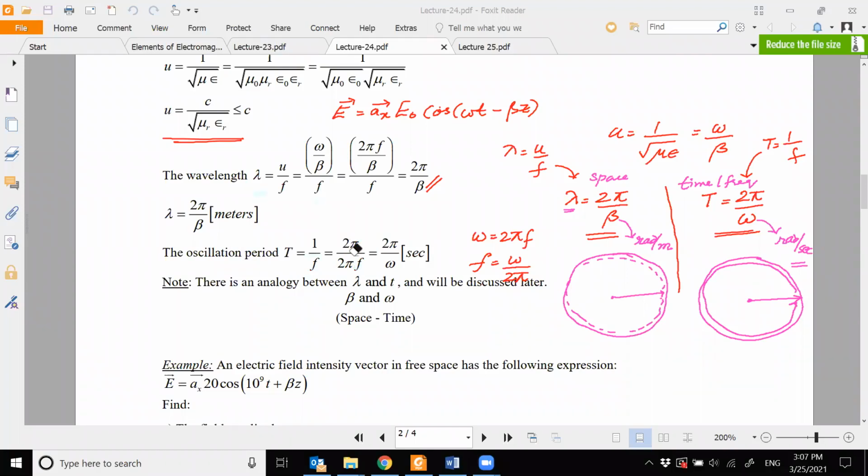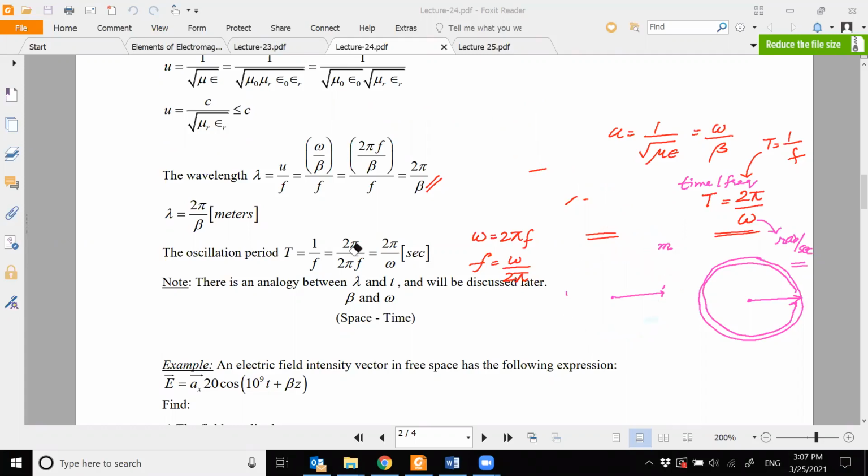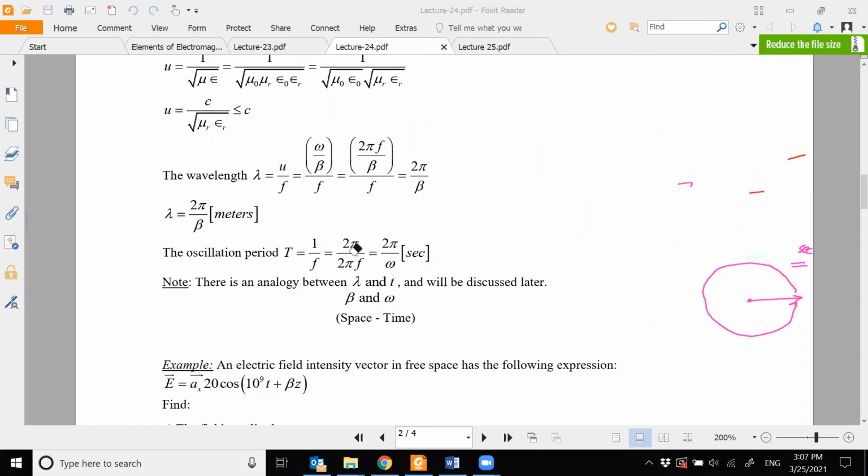Now, let's take an example. In the example, we have an electric field vector given by E is a_x 20 cos(10^9 t + beta z). You are asked to find the various parameters of the electric field.